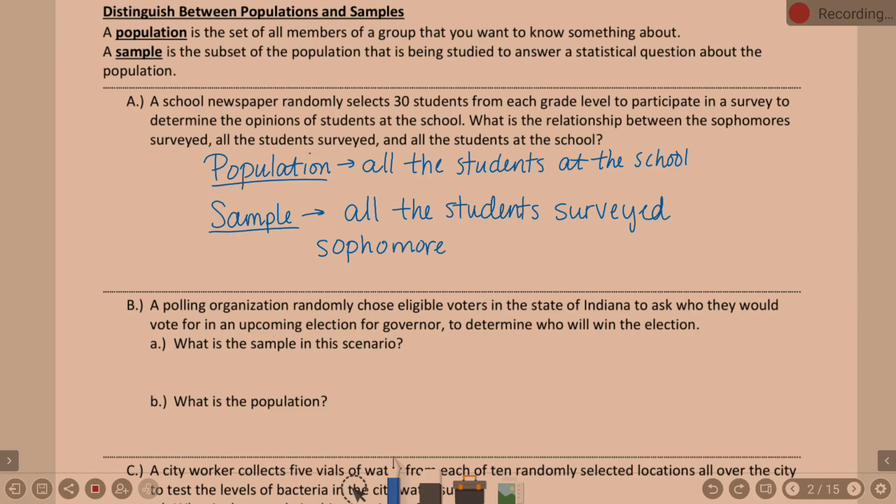So I'm going to write on here that sophomores are part of the sample. Okay, questions on that?